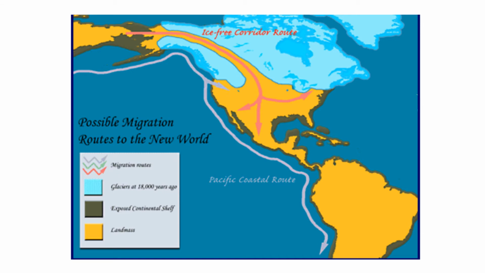So that theory was first introduced about 100 years ago. And like I said, it was the dominant theory for pretty much the rest of the 20th century, maybe even into the early 21st century.